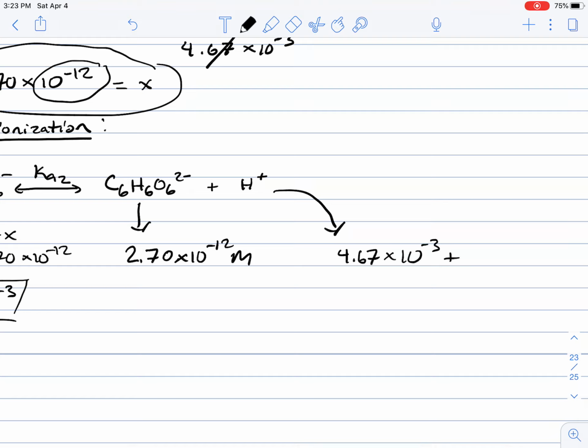And if you plug in the value of x, you get 4.67 times 10 to the negative 3 plus 2.70 times 10 to the negative 12. And so if you add both of these together, the equilibrium concentration of H plus is 4.67 times 10 to the negative 3 molar.